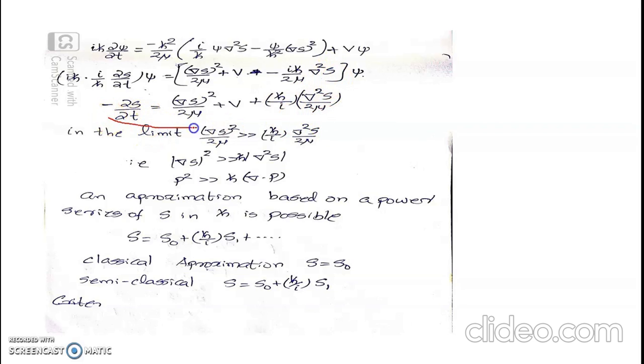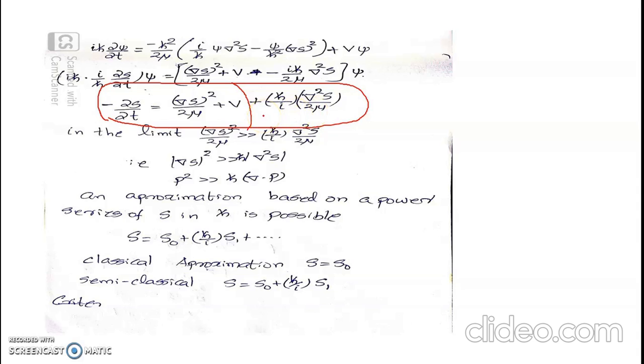And this is the quantum mechanical analog of the classical equation that we have already come across. The classical equation has only this much portion, whereas the quantum mechanical equation has an additional portion, that is h cross by i del square S by 2 mu. Suppose this term is not there. You cannot make it zero, or of course you cannot say that this term is not there.